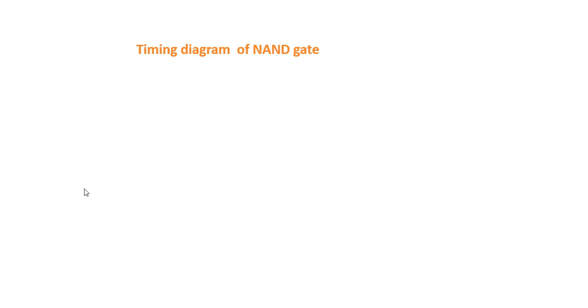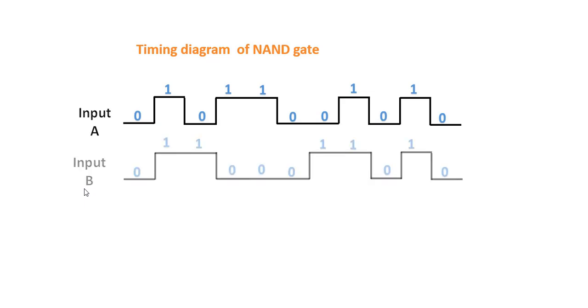Onto the timing diagram of the NAND gate. We know that a timing diagram represents the graphical form of inputs and their possible output. To draw the timing diagram for the NAND gate, let my two input signals be input A and input B. Here the numbers 0 and 1 represent low and high. Both input A and B are changing their values from 0 to 1 or 1 to 0 at some points.